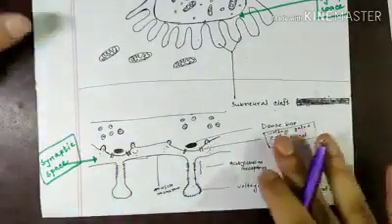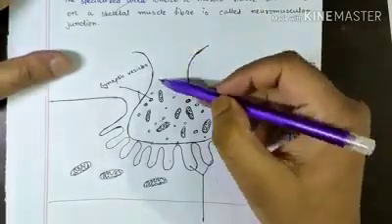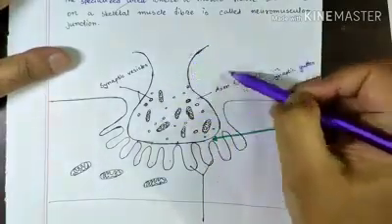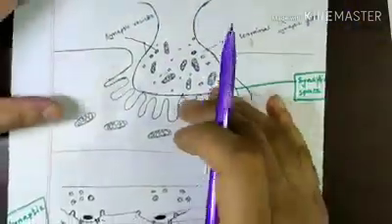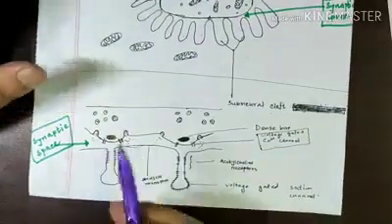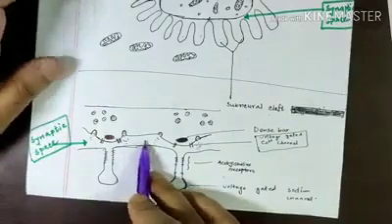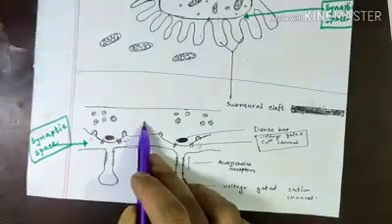So what is happening here? First, a nerve impulse comes into the axon terminal, causing the opening of the voltage gated calcium channels, and calcium ion diffuses from the synaptic space into the interior of the nerve terminal.